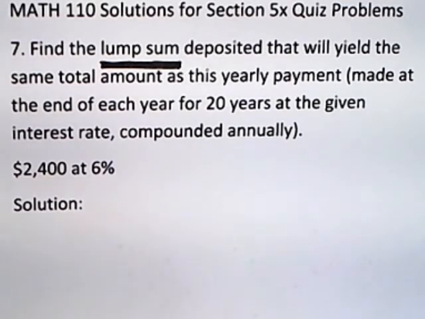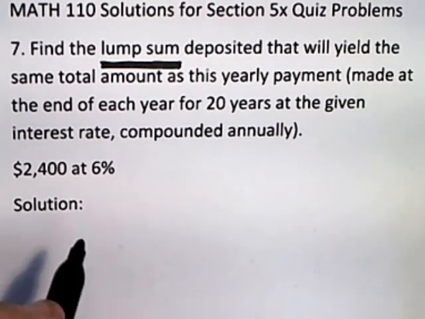So whenever you see that lump sum phrase, even though later on we mostly dealt with present value as a way to figure car payments and house payments or any kind of loan payments, the actual way we first began talking about this idea of present value was talking about this lump sum payment, putting a certain amount in and just leaving it there to be equivalent to an annuity with a certain periodic payment. So whenever you see lump sum, it's kind of a clue that this is a present value problem.